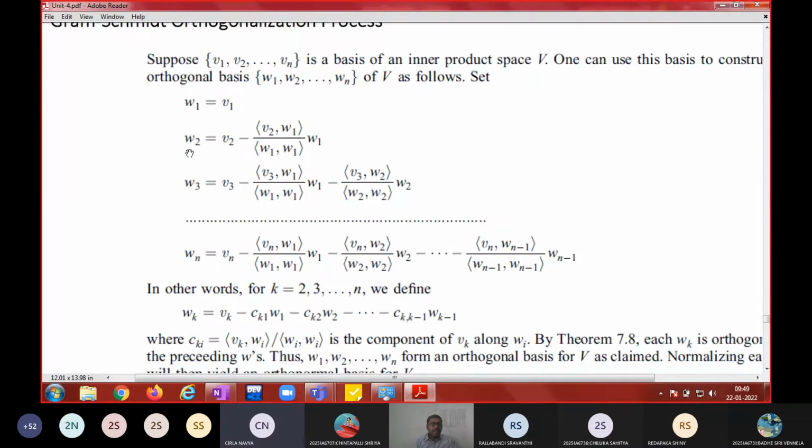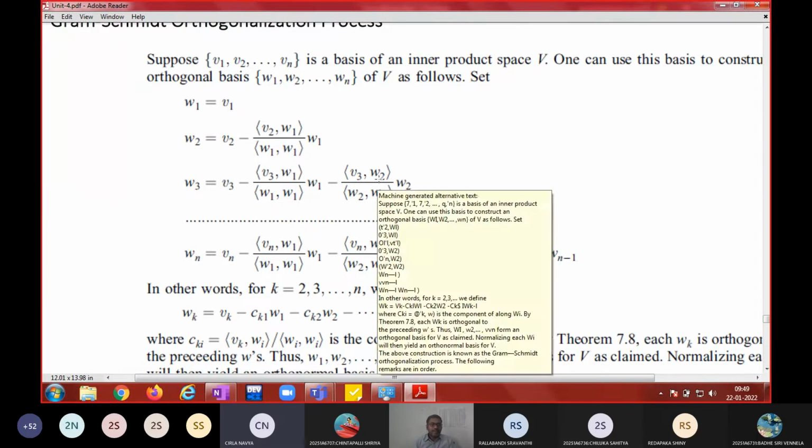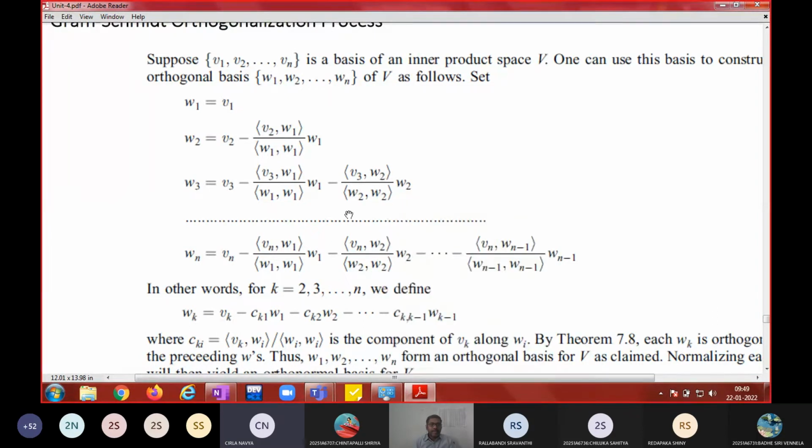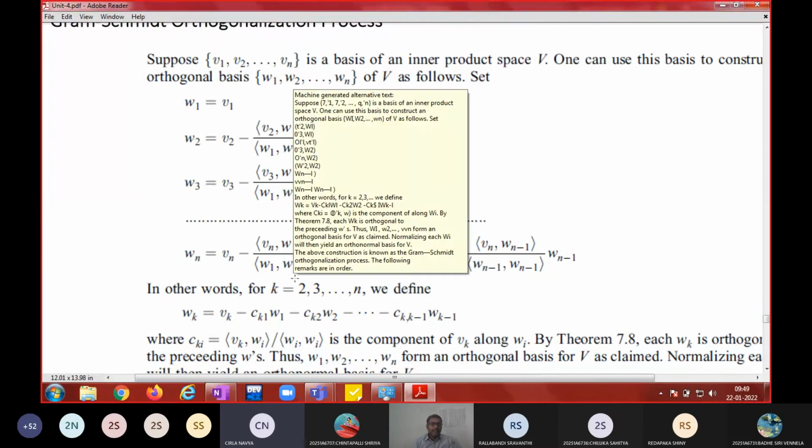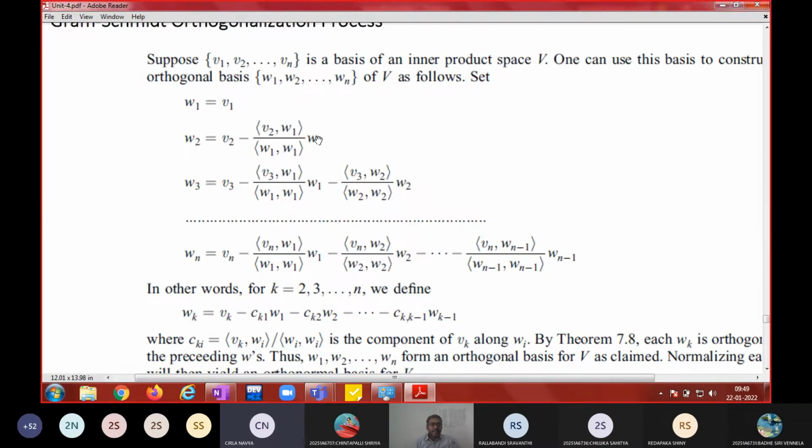Using the previous two orthogonal vectors, you take the third vector V3 minus the inner product of V3 with W1 divided by the inner product of W1 with W1, times W1, minus the inner product of V3 with W2 divided by the inner product of W2 with W2, times W2. If you have n vectors, extend the formula up to n.